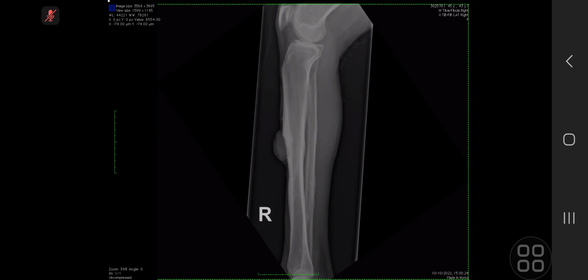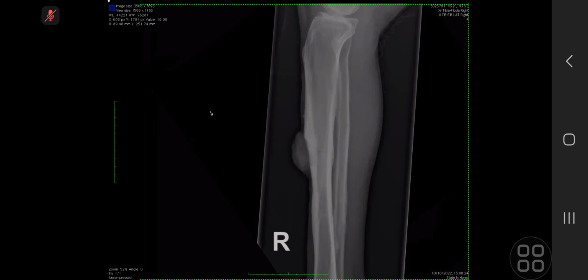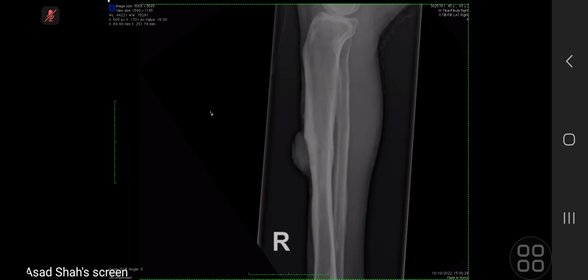I can appreciate the cortical thickening on the anterior aspect of the tibia. There is a small calcific focus on the superior aspect of the swelling. And I would like to see the frontal projection as well for the extent.